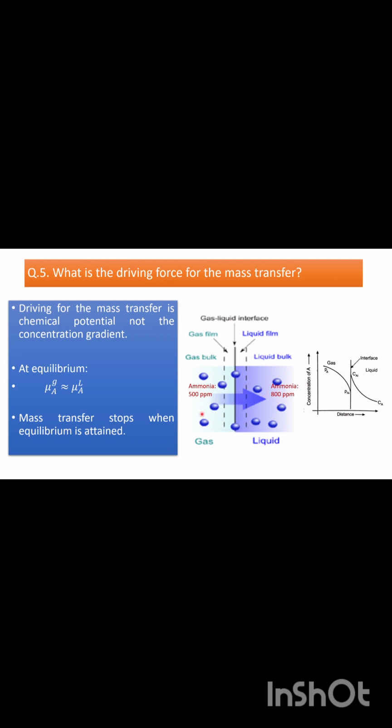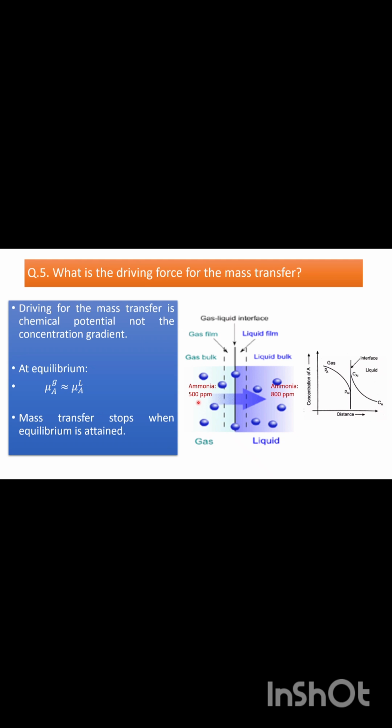Still, the transfer of ammonia will take place from the gas mixture to the water solution, because the solubility of ammonia in water is very high, and that's why ammonia, though it is in low concentration here, will be transferred to the water phase.